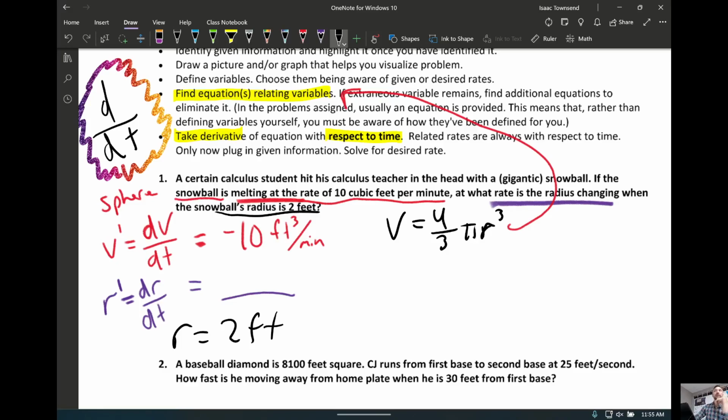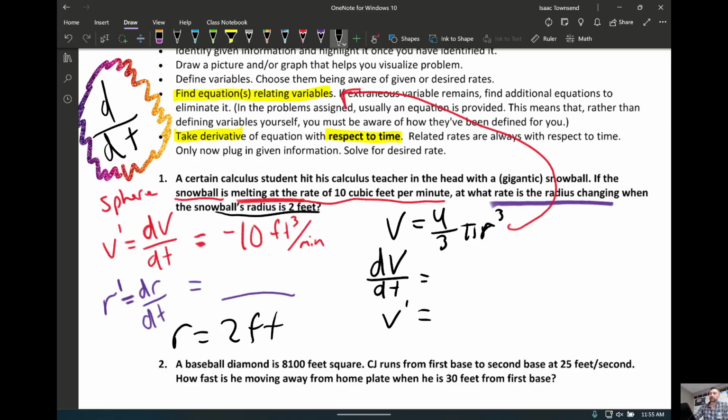What's the derivative of x? Then the derivative of v is 1. However, I just took the derivative of v with respect to time. I have to include that, just like we have to include the y prime when we do implicit, because those variables don't match. And dV/dt is the same thing as v prime.